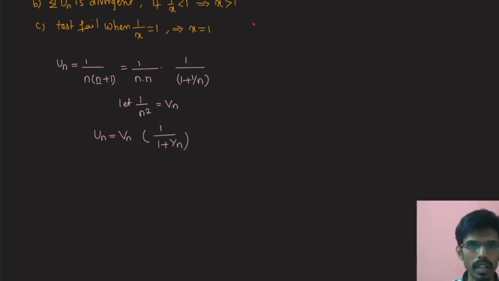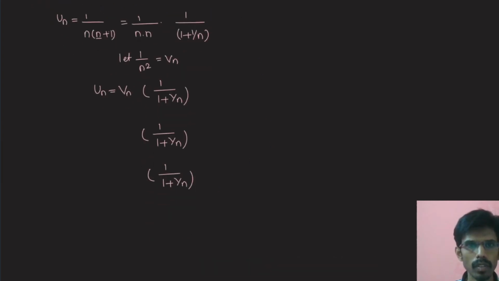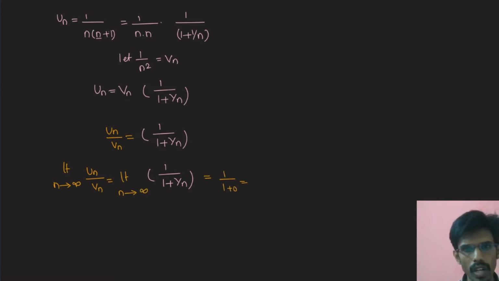Now divide by Vn and apply the limits. So this will become un by Vn. Apply the limits on both sides. Limit n tends to infinity, un upon Vn, the value is 1 by 1 plus 0, that will be 1.